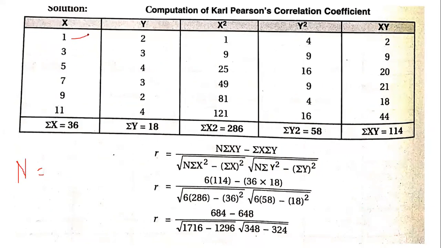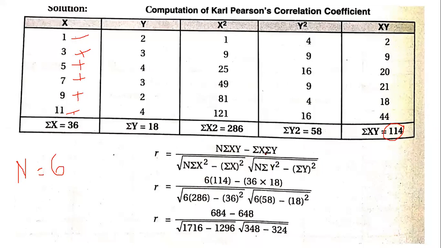N is nothing but the number of data that we have. So we have 1, 2, 3, 4, 5, 6. So 6 data we have which is given to us. So we'll take n is equal to 6. So R is equal to n is 6, sigma xy. What is the value of sigma xy? 114. Okay, so 114 is considered.